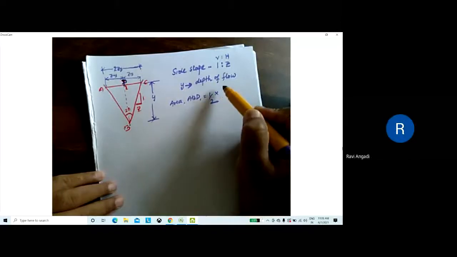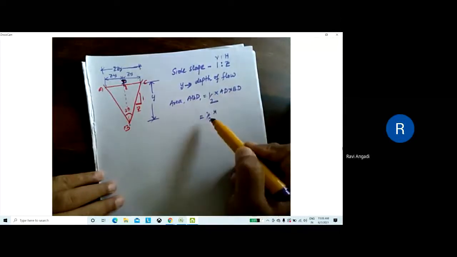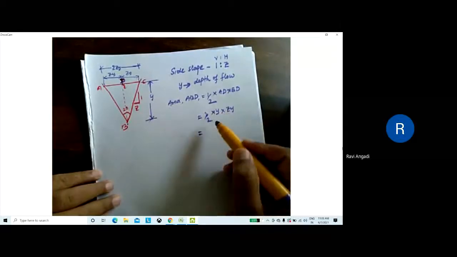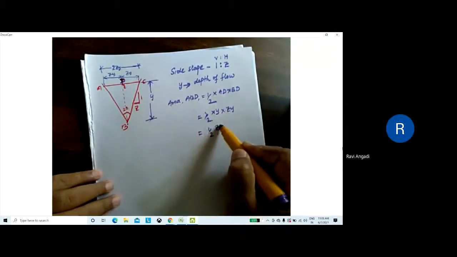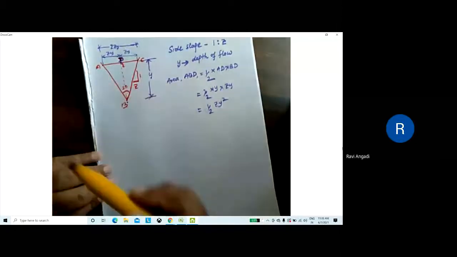Half base into height, that is AD into BD, which is half Y into ZY, giving half ZY square. This is for one triangle.